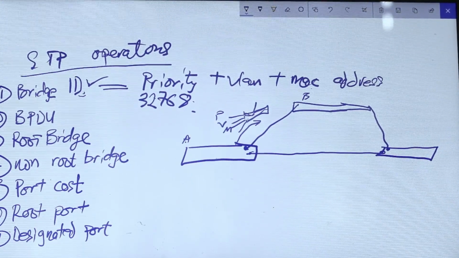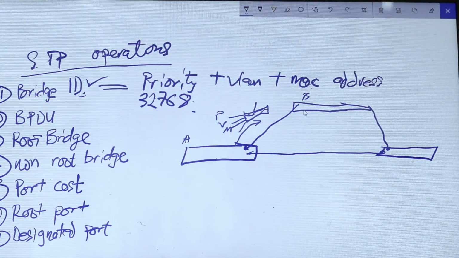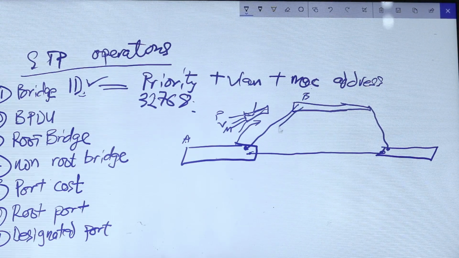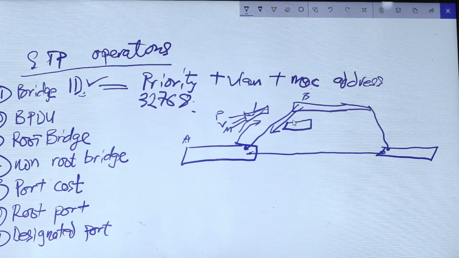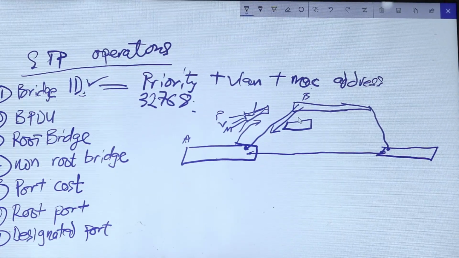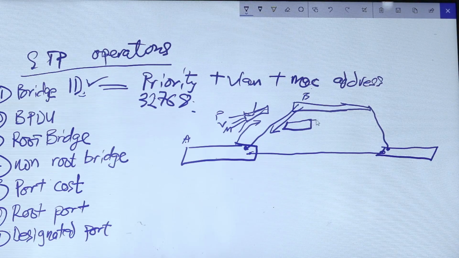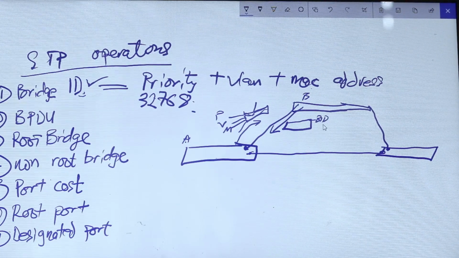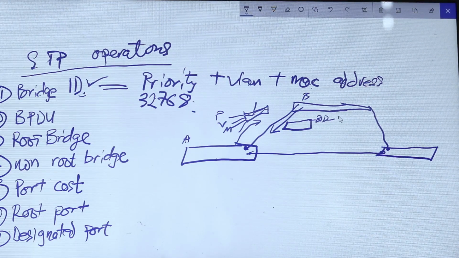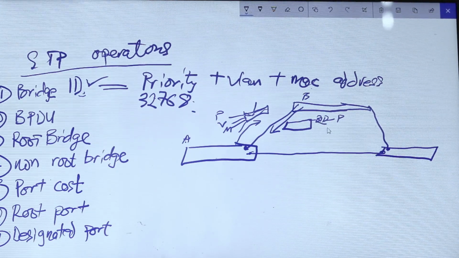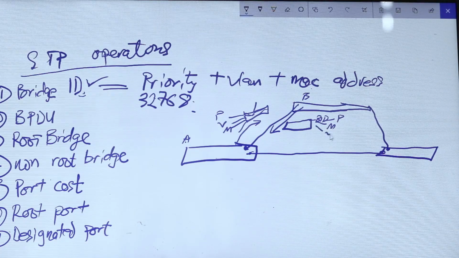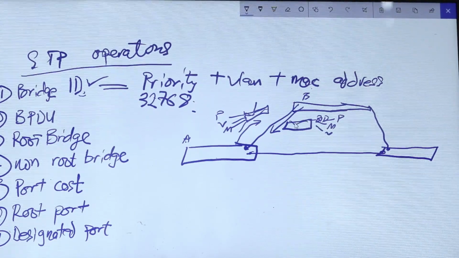When this BPDU gets to switch B, it will also send its BPDU to switch A. They keep on exchanging. What does it mean? Let's get to know ourselves better. Okay, these are my information. It will give me your information. So switch B also has its bridge ID, and as we know, bridge ID is priority, MAC address, and VLAN. It's all contained in the BPDU.